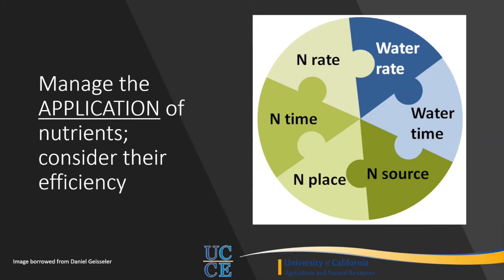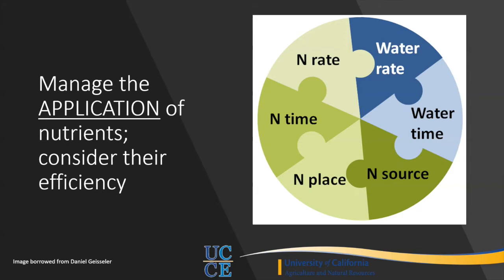These are the things that you have to actually do to your field. Of course, when nutrients are applied to the field, we have to consider their efficiency. There's that word again, efficiency. It should be noted that since I'm repeating it, it's something important to pay attention to.